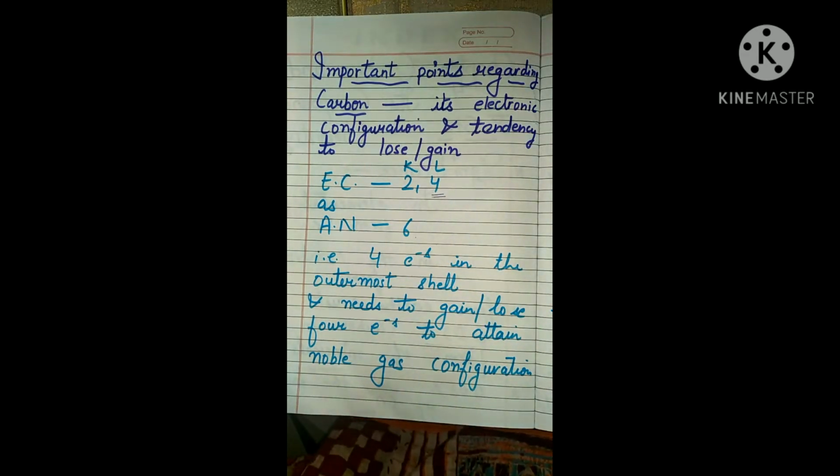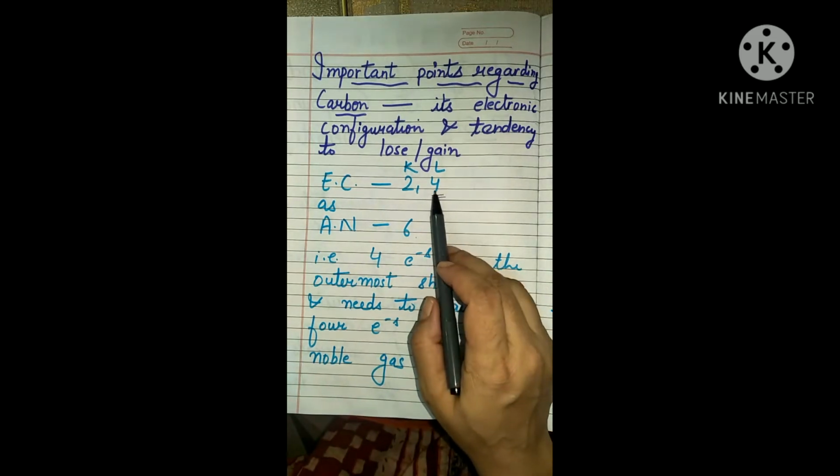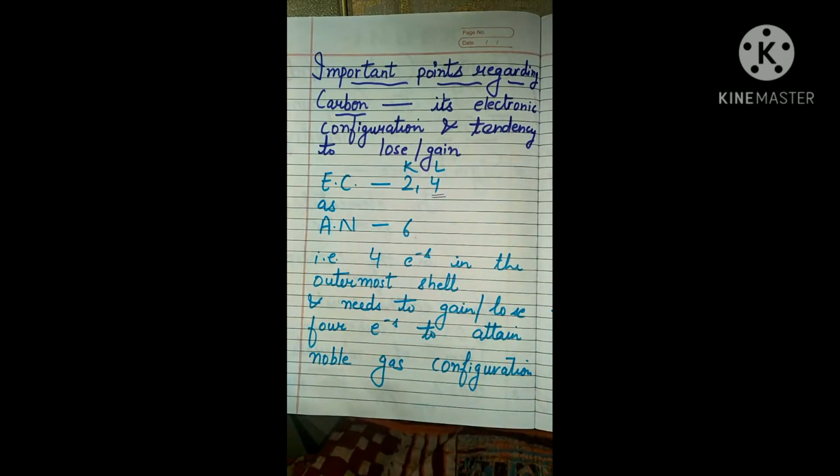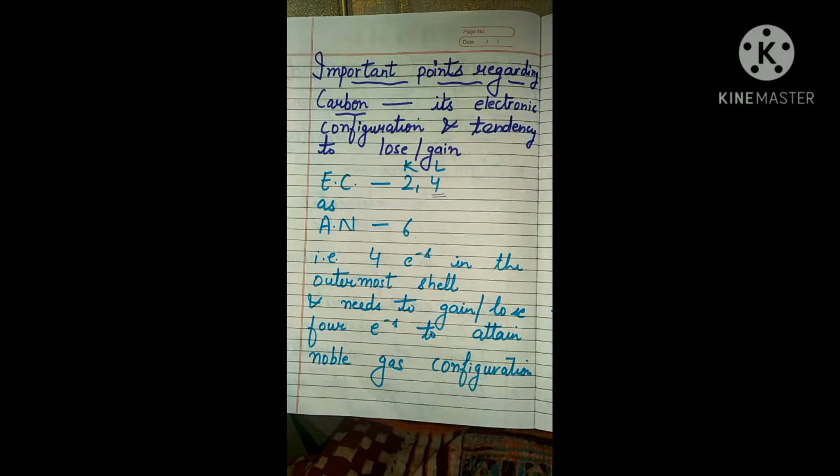So to attain noble gas configuration, to satisfy the octet rule, either it can lose 4 electrons or it can gain 4 electrons. But what will happen in each case?